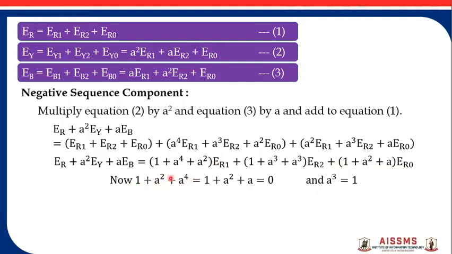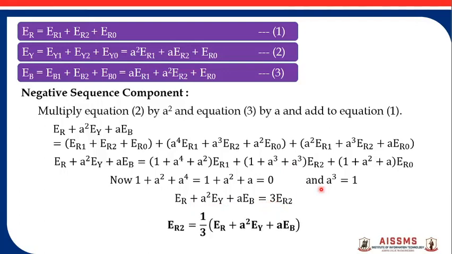So 1 plus a square plus a raised to 4 will become 1 plus a square plus a, and is equal to 0, and a cube is equal to 1. So this a raised to 4 will be replaced by a, this a cube will be replaced by 1. So this term is going to become 0, this term is going to become 0. So the remaining term will be only this, that is 1 plus 1 plus 1. So it will be 3 E_R2. So we are getting E_R plus a square into E_Y plus a into E_B equal to 3 E_R2.